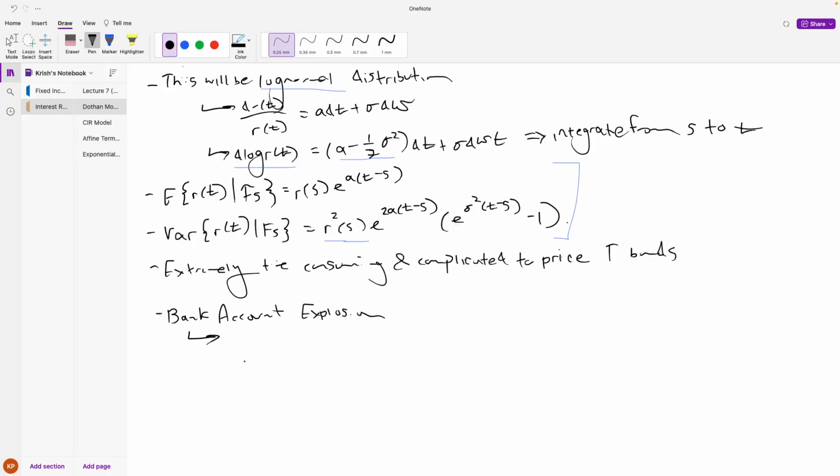What this means is that a bank account, if you guys remember, is the primal numerator that we use for all the fixed income.